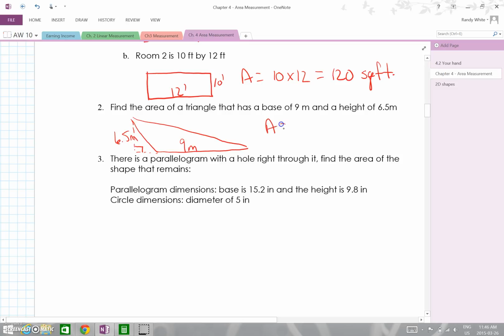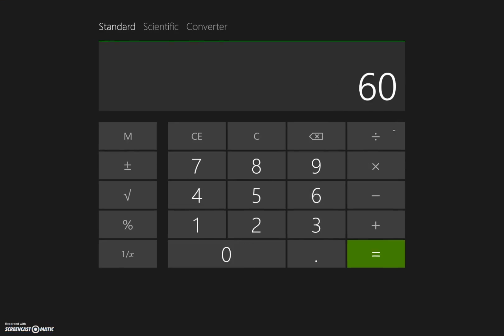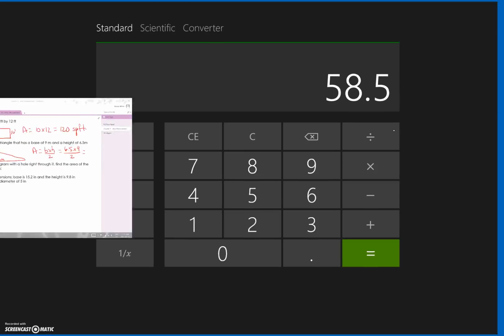So the area is going to be, let's just write it out so that you can see, base times height divided by 2. So that's going to be 6.5 times 9 divided by 2. So again, I do PEMDAS, so I'm going to do 6.5 times 9 first, which is 58.5.